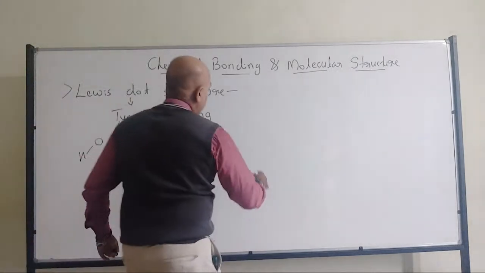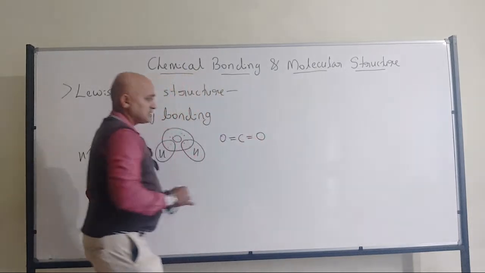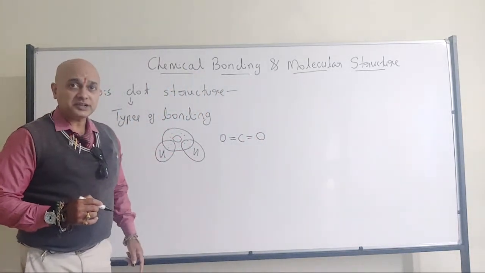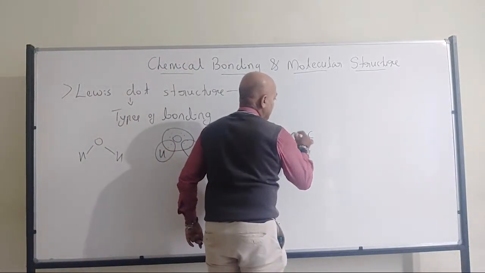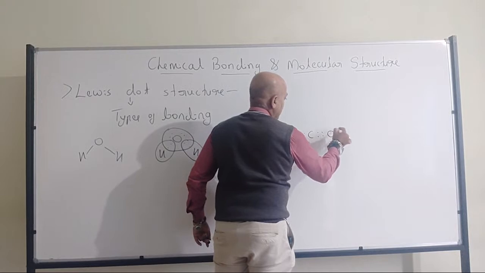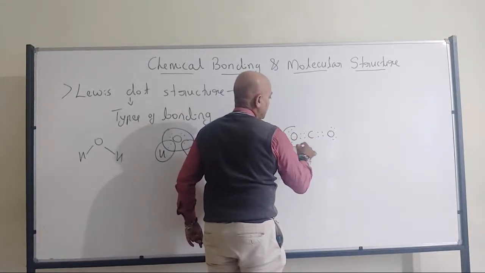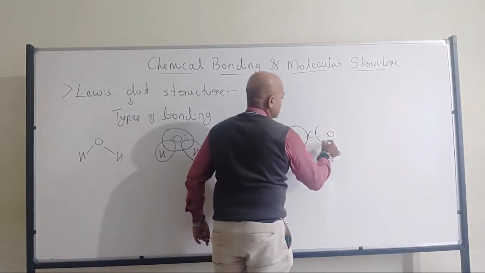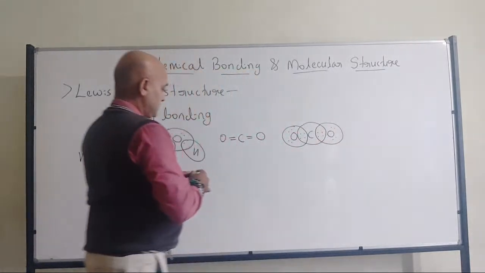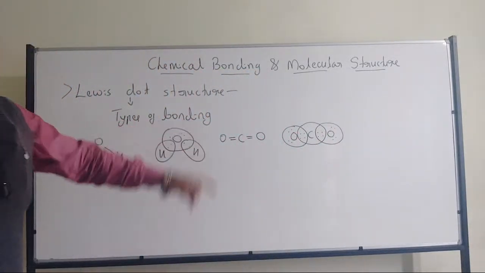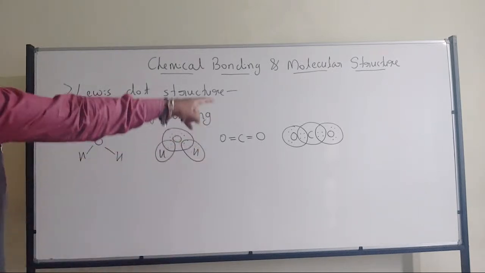Now, when it comes to carbon dioxide, generally we will write like this. This is the general structure. But if I go with Lewis dot structure, that's where I can write it as oxygen 1, 2, 3, 4, 3, 4. So that's where we have the oxygen, and that's where we have the carbon. So this is with respect to carbon dioxide, right? That is for the carbon dioxide, Lewis dot structure.